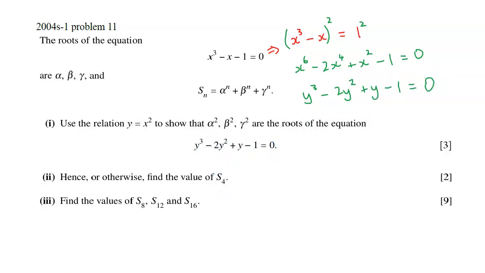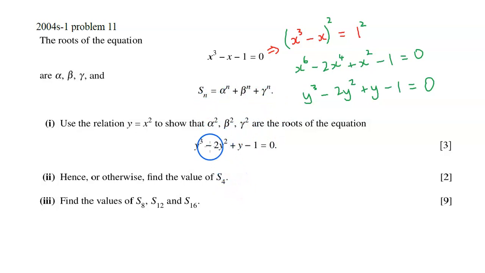which is exactly what we got down here. Part II says hence or otherwise find the value of S4. Well, S4 is the sum of alpha to the 4, beta to the 4, and gamma to the 4, using this formula there.